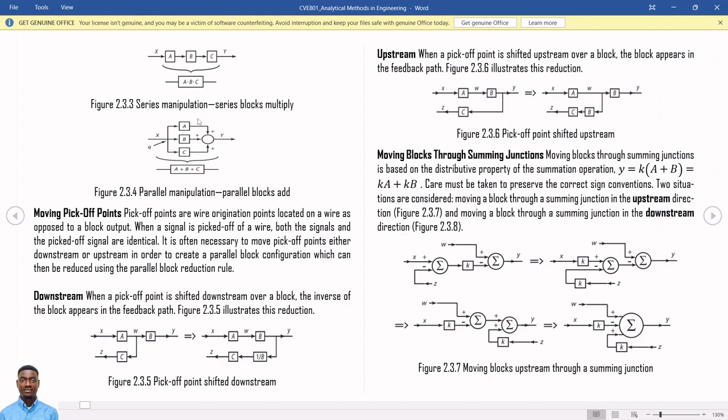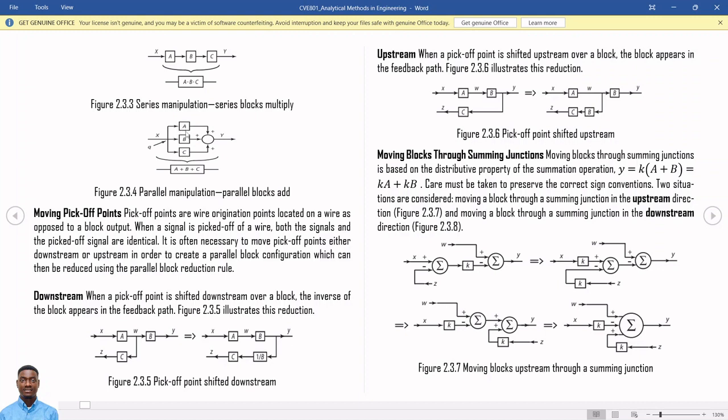Then we have the parallel manipulation, when we have blocks in parallel in this form. For us to be sure that they are in parallel, we must be cautious of the fact that it must be the same input signal that goes into these blocks.